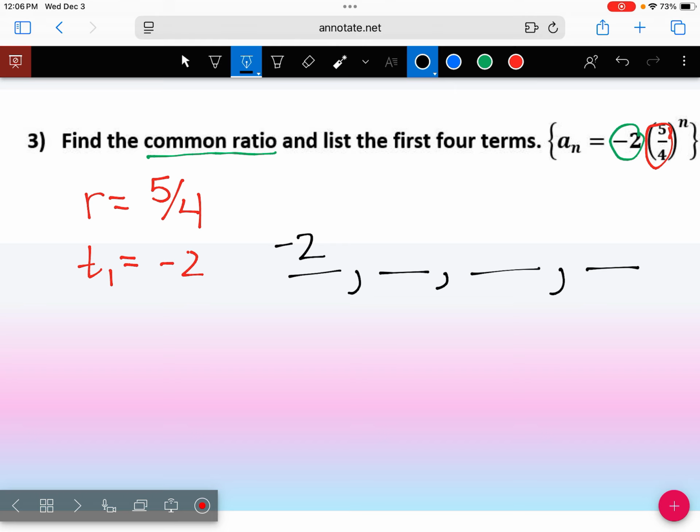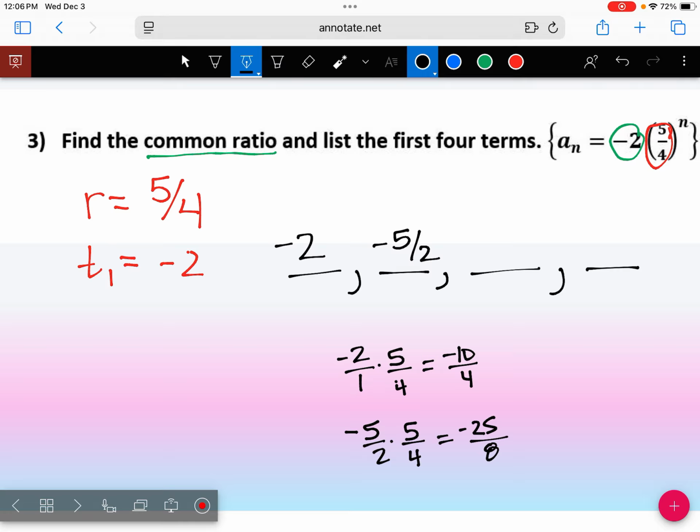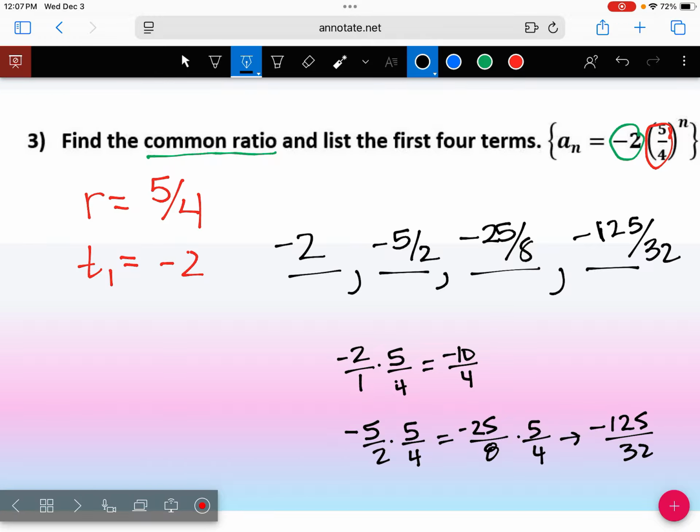Take that -2, keep multiplying it by 5/4. And that would be my 5 numbers.